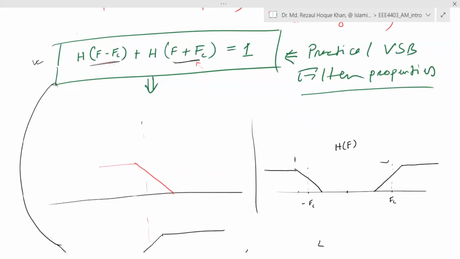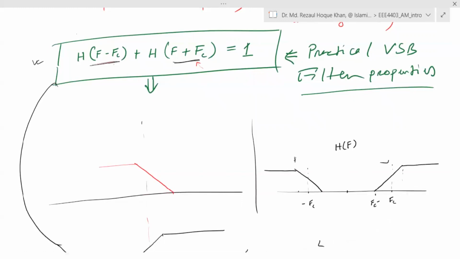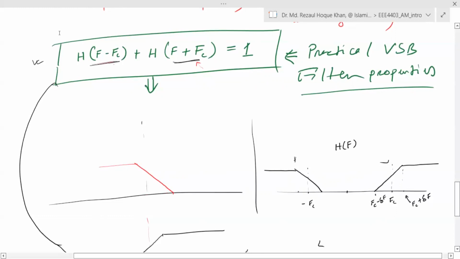This is actually FC, and this portion to this portion, this actually is FC minus say del F, and this portion will be FC plus del F. Okay, and what will be this slope? This slope will be nothing but 1 by twice del F.